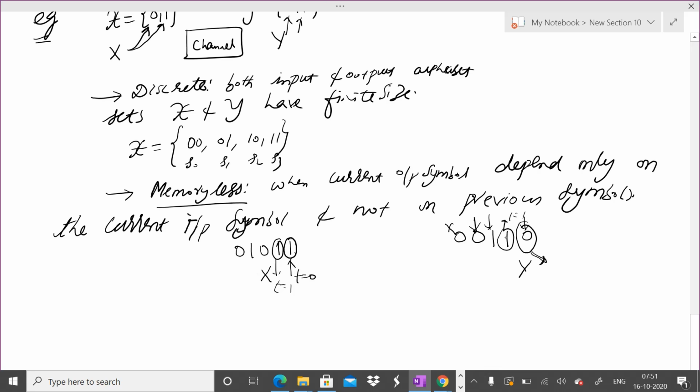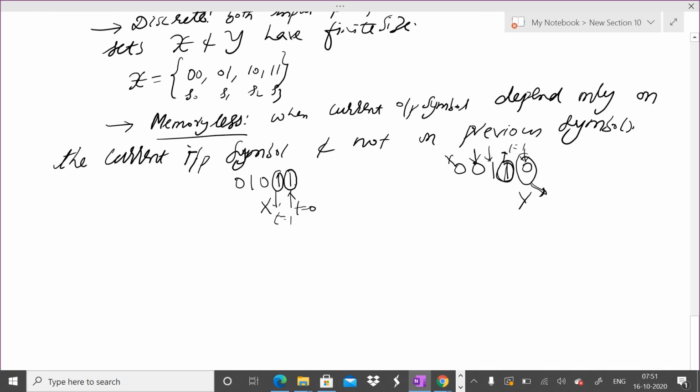What you receive at the receiver at t equal to 1 does not depend upon what was transmitted previously. In some cases it may depend, but when it doesn't depend, it's called a memoryless channel. And here it is very simple.